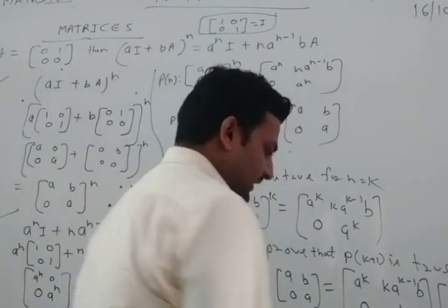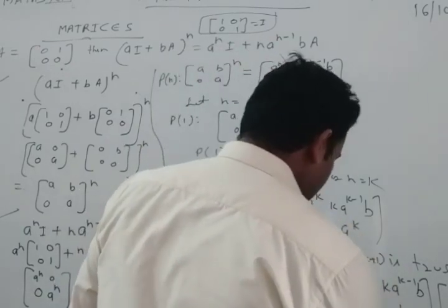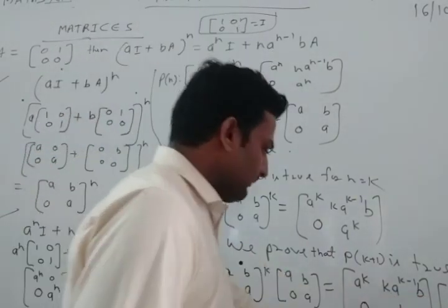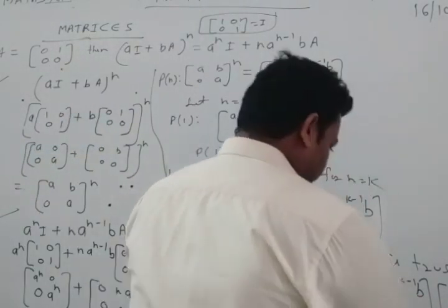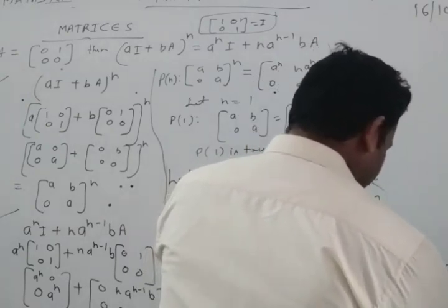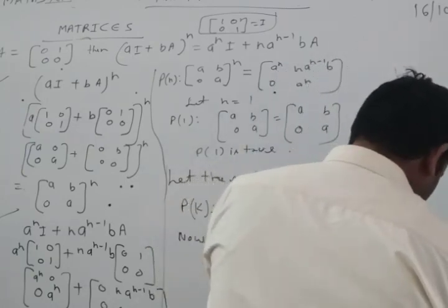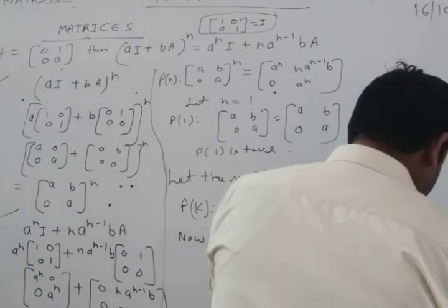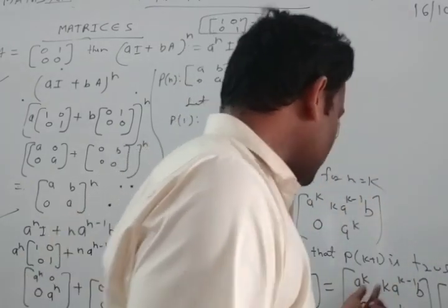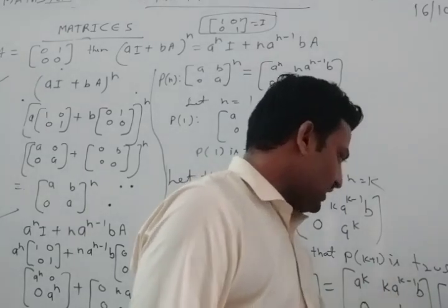Now in right hand side we will multiply this term. So we get a to the power k plus 1. Okay, now this term will be 0. Now a to the power k into b plus k a to the power k minus 1 a into b. We multiply this first, a to the power k plus 1, and second term is 0, so 0.